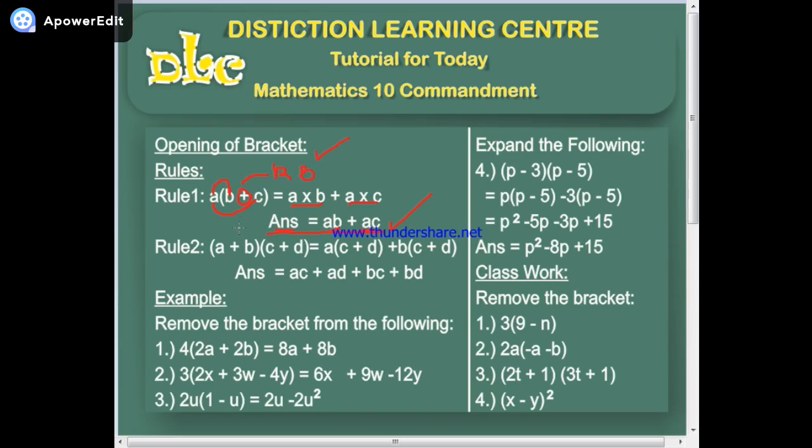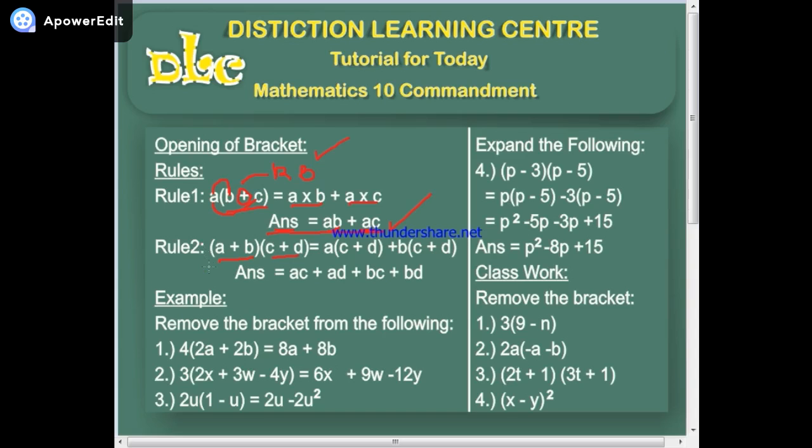Expanding of bracket is used when you see two brackets together, because this is first bracket and this is second bracket. But when you are asked to remove a bracket, there will be only one bracket and one variable behind it. But this one will be expand bracket.